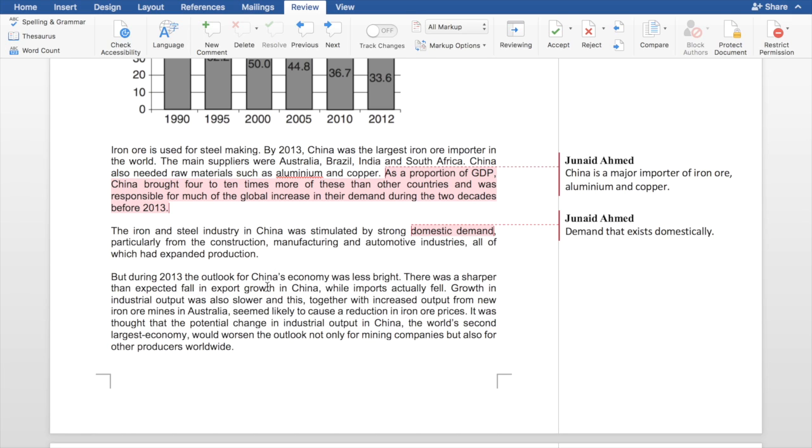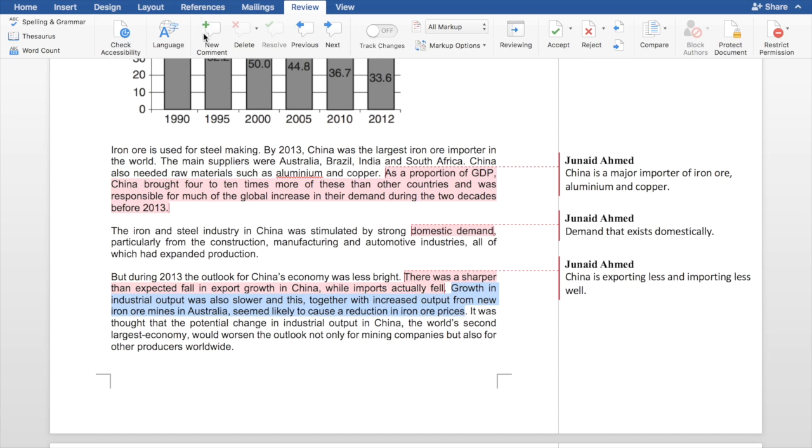But during 2013, the outlook for China's economy was less bright. There was a sharper than expected fall in export growth in China, while imports actually fell. So here we can see that China is exporting less and importing less as well. Growth in industrial output was also slower, and this, together with increased output from new iron ore mines in Australia, seemed likely to cause a reduction in iron ore prices.